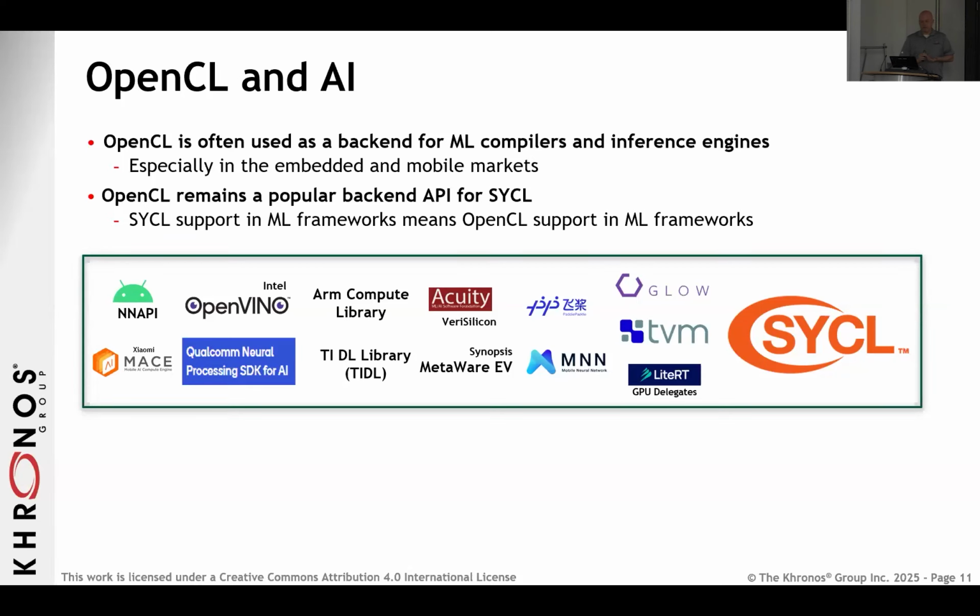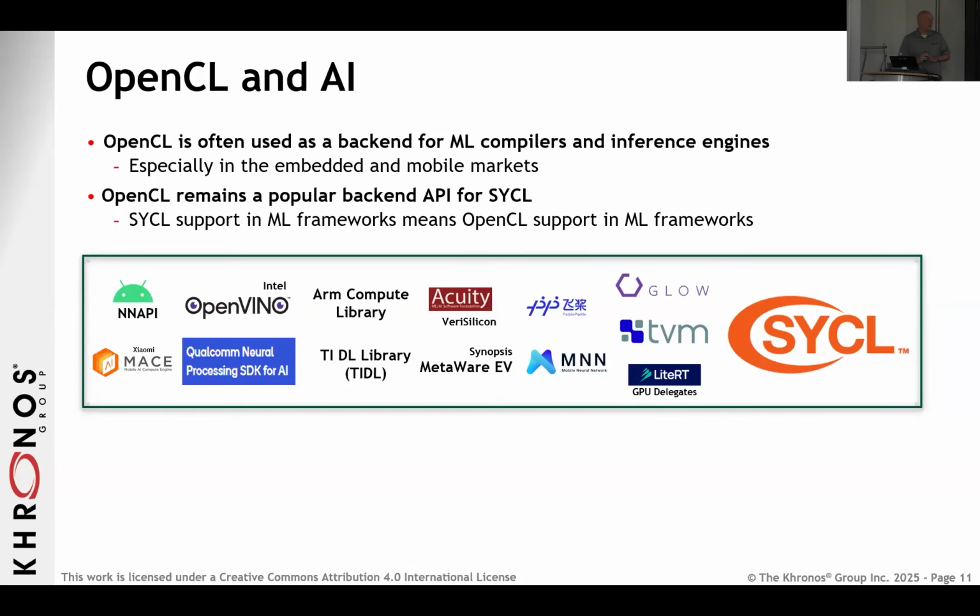On the framework side, we do see that most of the popular ML frameworks are gravitating towards higher levels of abstraction. So that means that they tend to prefer using SYCL rather than OpenCL. But we frankly don't think that's a bad thing. OpenCL remains a popular backend API for SYCL. So we've been thinking of this as largely another example of how OpenCL is used behind the scenes for AI.